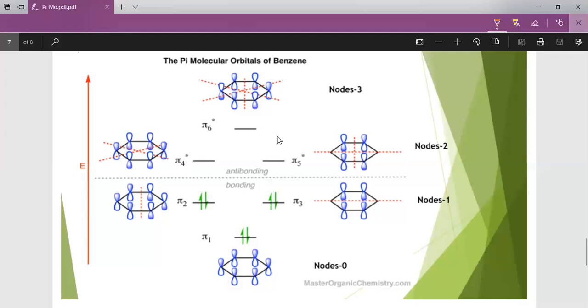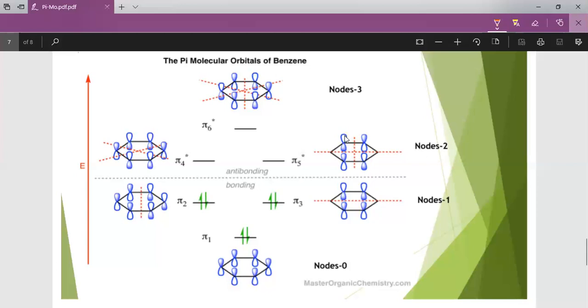And moving on to the next one, the Ψ5 energy level. One node is passing through the atom and one node is passing through the bond. When we observe these orbitals, this p orbital, within the structure, clearly above the plane and below the plane, this lobe has positive charge and above the plane this lobe has negative charge. So due to the passage of the node, these two are showing anti-bonding interaction.